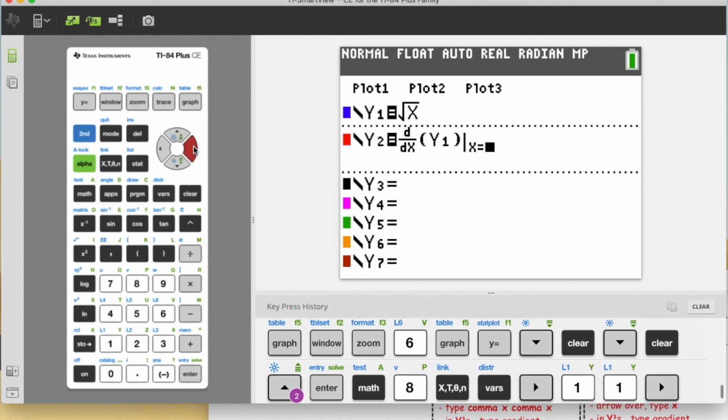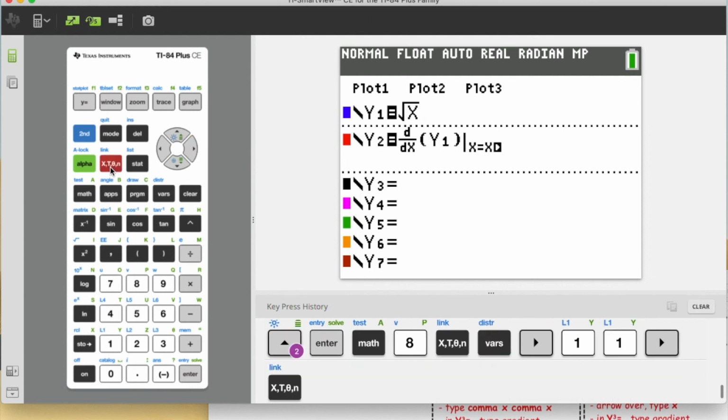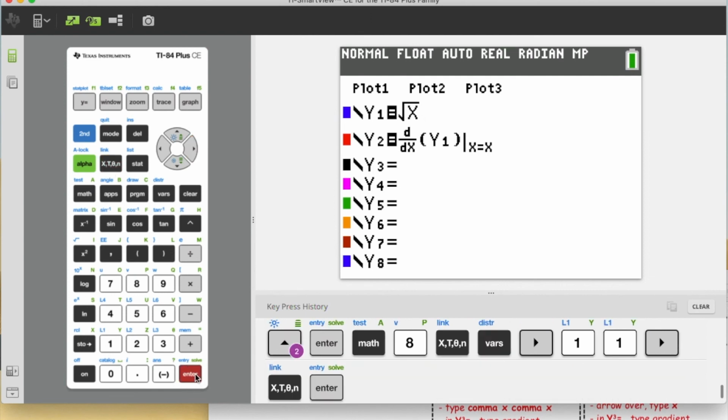Then scroll over, and because we're doing the derivative function in general, we're not specifying an x value, we just enter x here. In y3, we are going to plot the value of the gradient that we're looking for, which is 0.5.